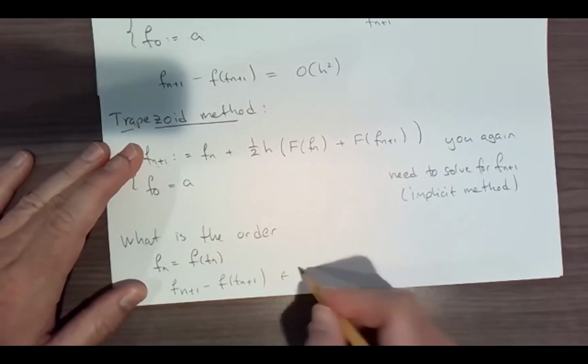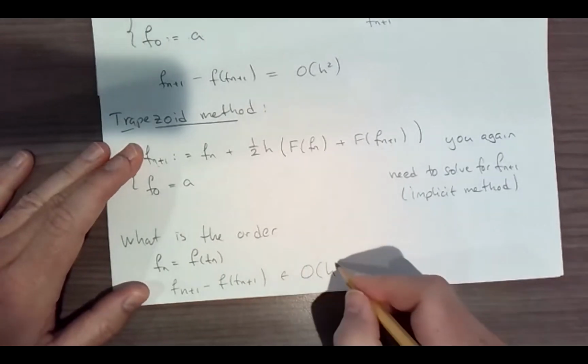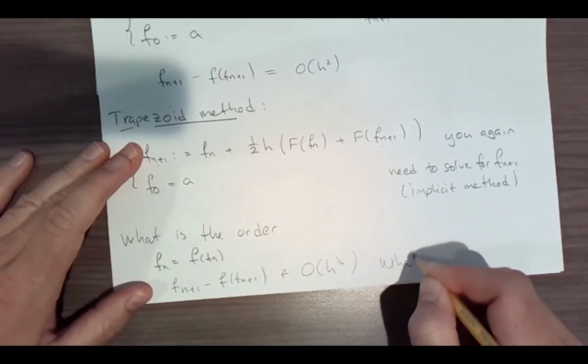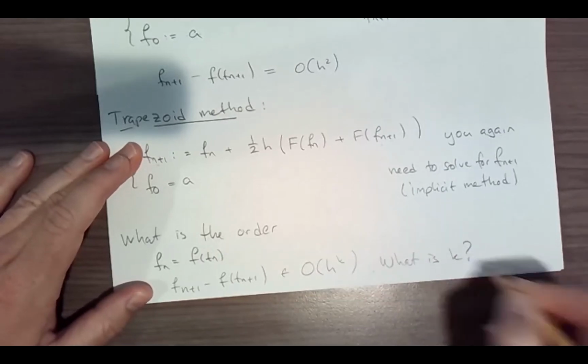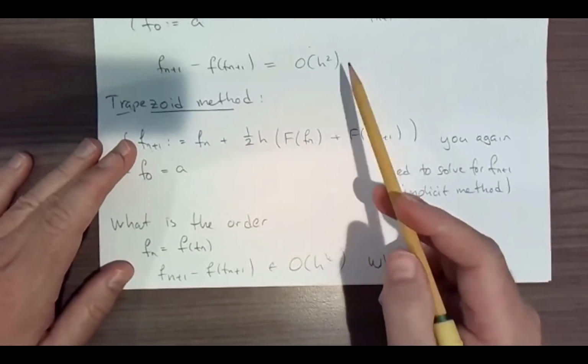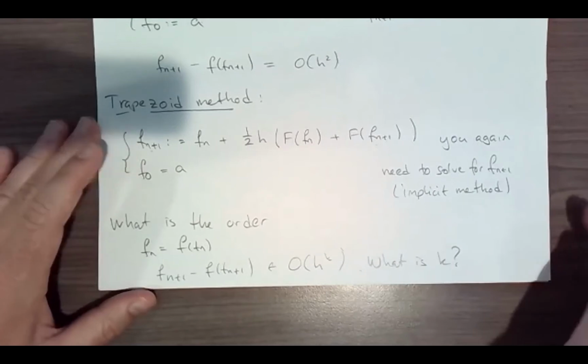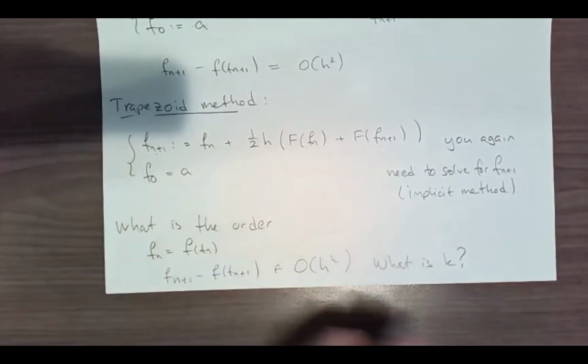What does that belong to? Some order here. And what's k? Before we had 2 and 2, and now we're going to get a different value for k. And let's try to figure out what it is.